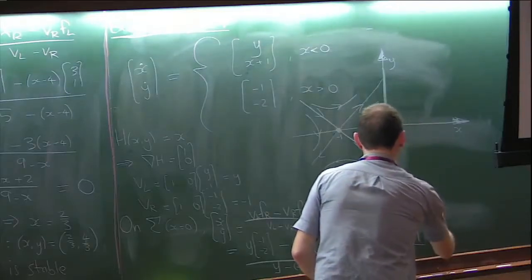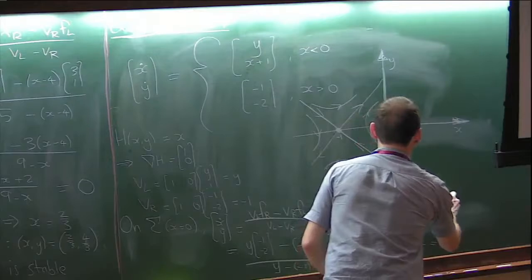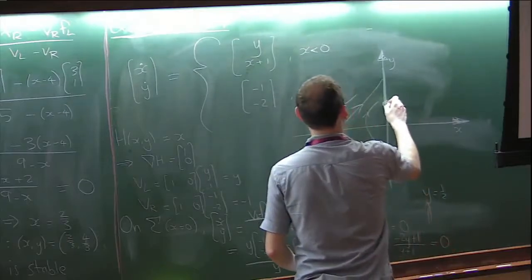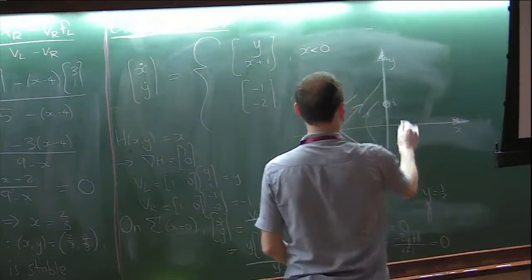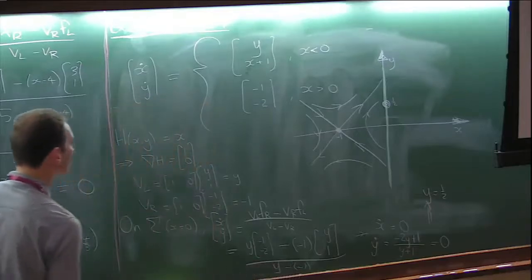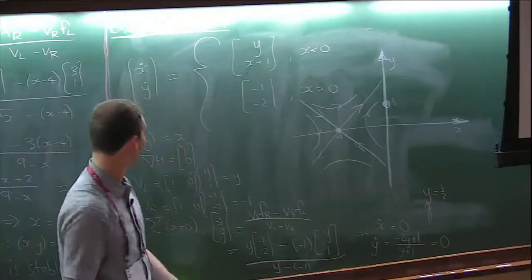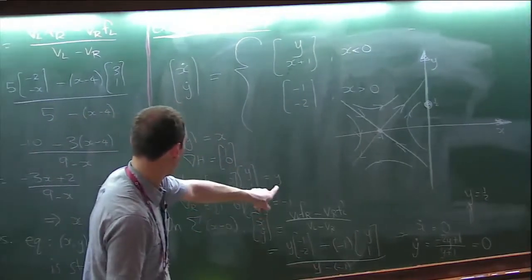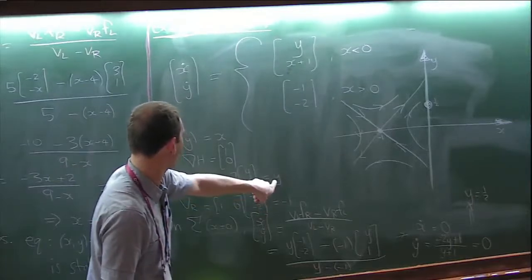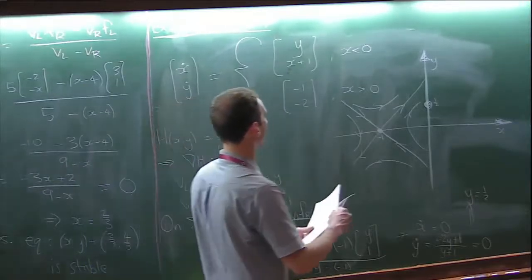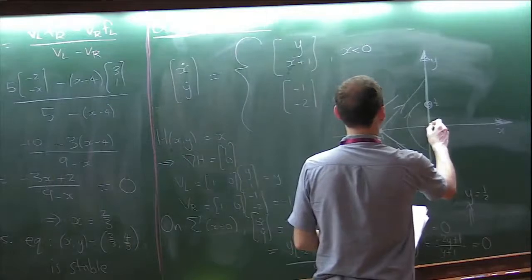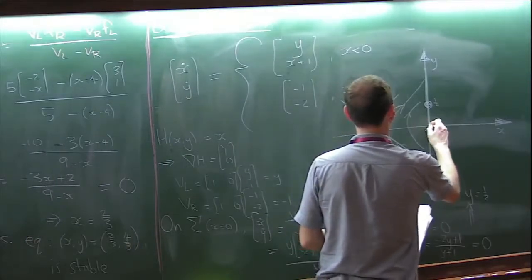Equals 0 implies y is a half, so that's up there. What else? I've got a fold where this equals 0. So y equals 0 is a fold. That's a triangle.